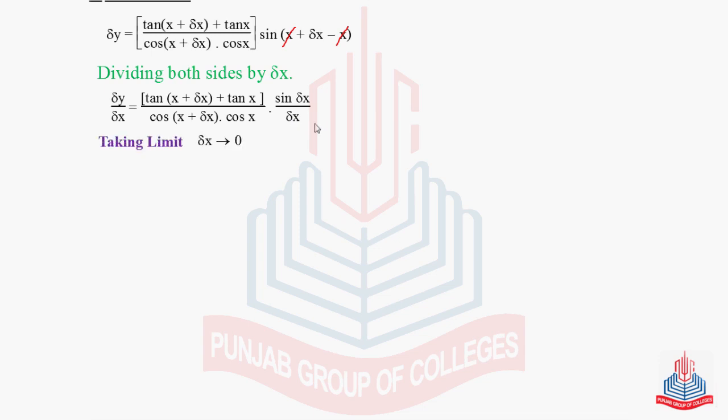Taking limit delta x approaches to 0 on both sides, this will become limit delta x approaches to 0 of delta y by delta x, which is dy by dx.